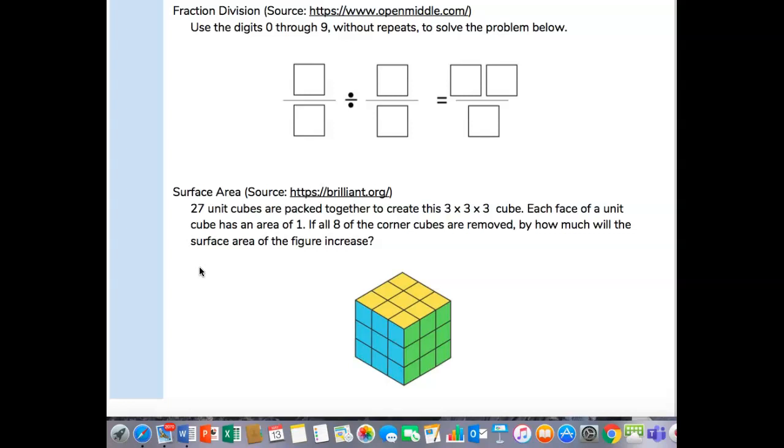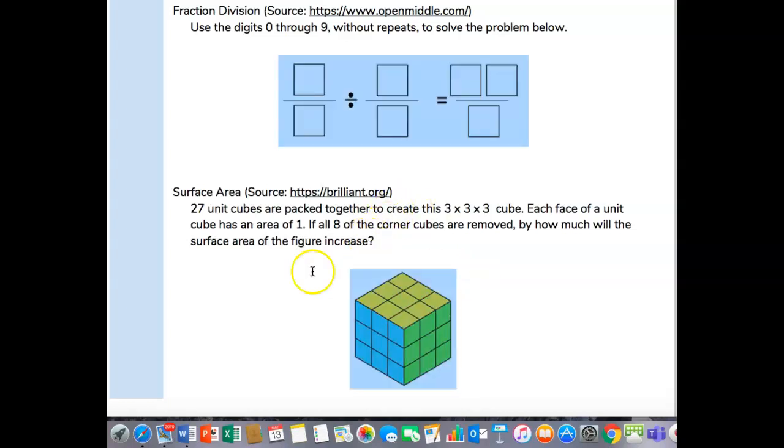Well, it won't increase. If all 8 of the corner pieces, 1, 2, 3, 4, 5, 6, 7, 8, are removed, by how much will the surface area increase? It will increase by 0. It won't increase. So go ahead and put it will not increase.